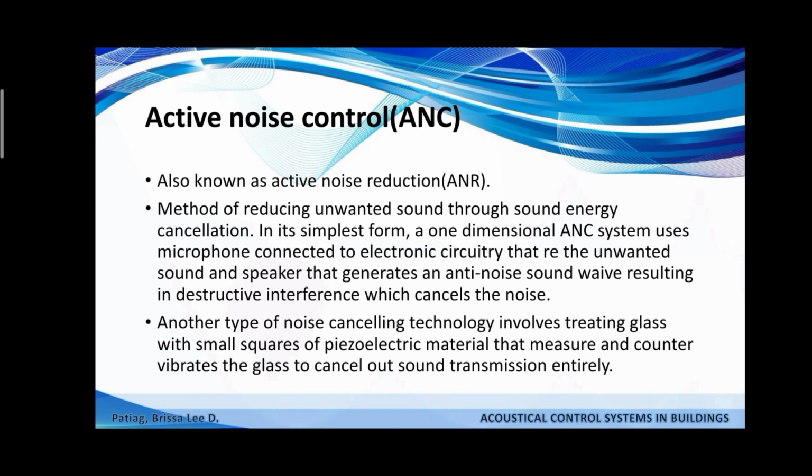A three-dimensional ANC system requires multiple microphones and speakers. Each of the speakers tends to interfere with the nearby speaker, reducing the system's overall performance. Particularly where there are multiple listeners, another type of noise-canceling technology involves treating glass with small squares of piezoelectric materials that counter-vibrate the glass to cancel transmission entirely.